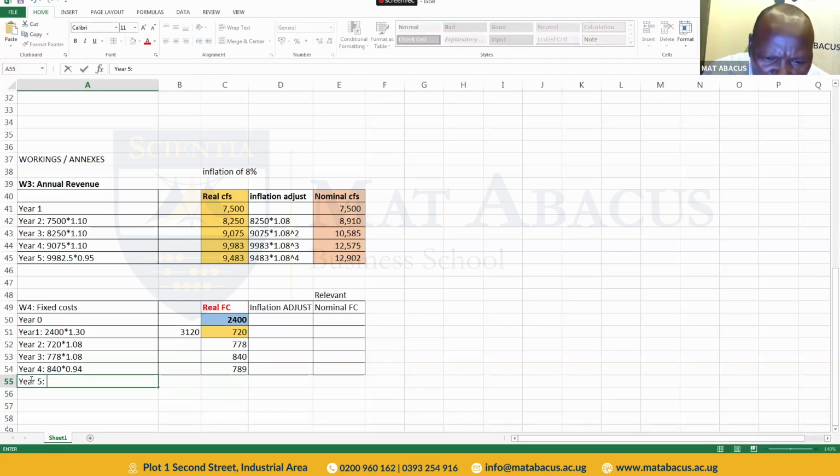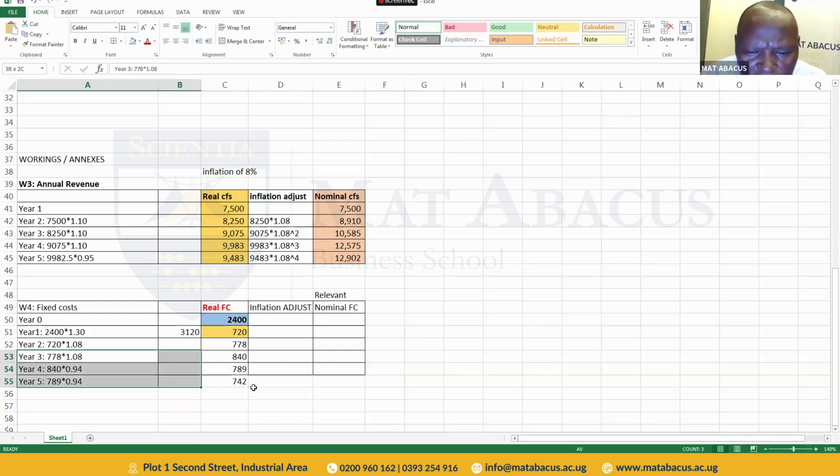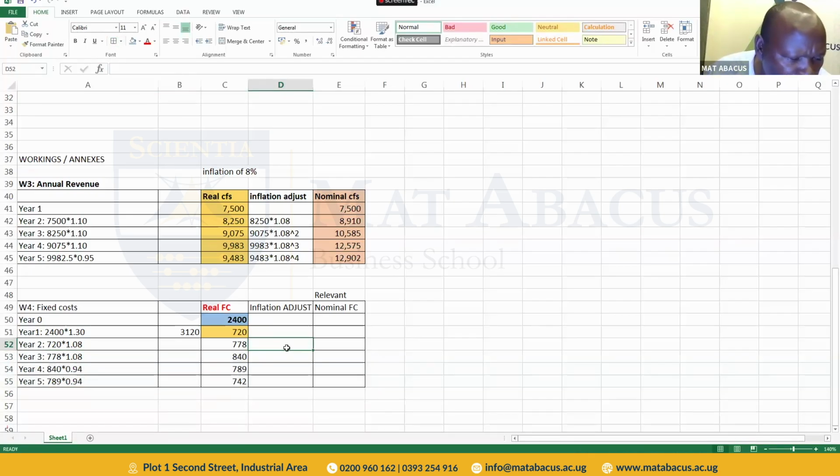In year 5, I will have 789 also multiplied by 0.94. 100% minus 6%, you get 94%, and that's why I'm multiplying by 0.94.